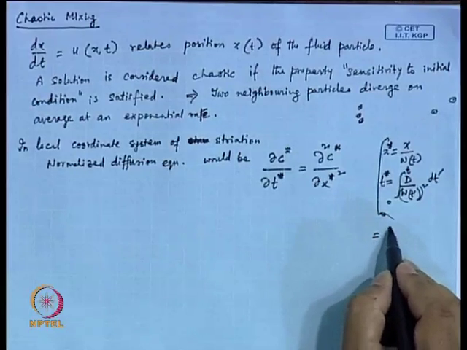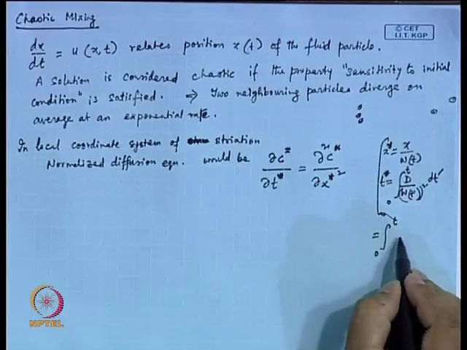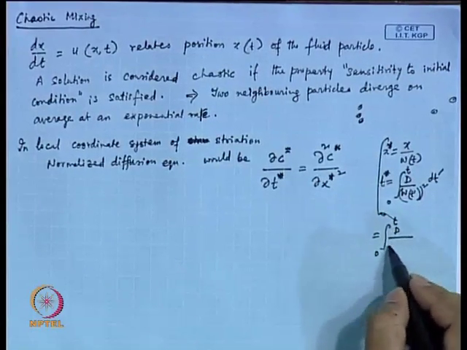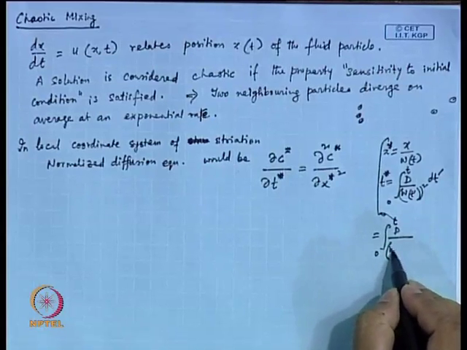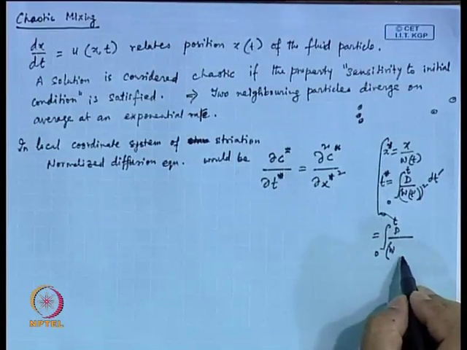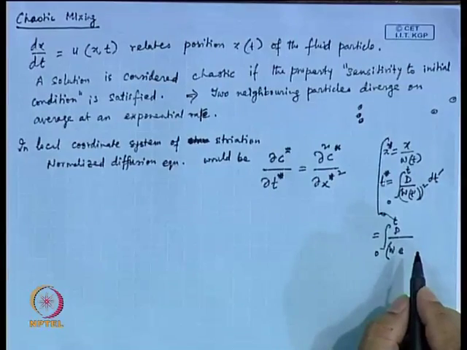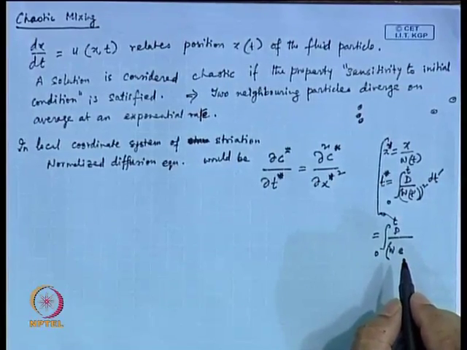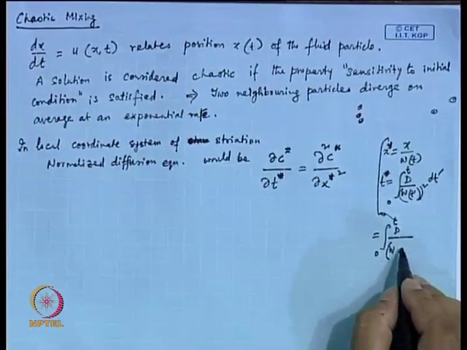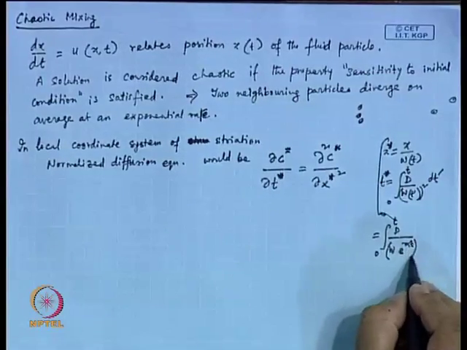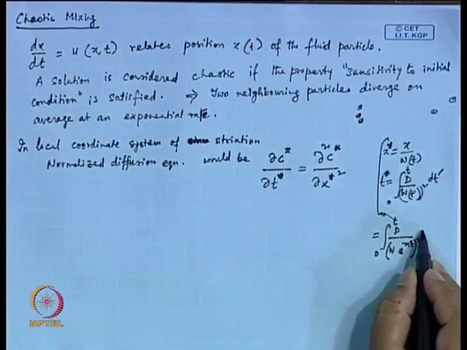So, you will be writing it as integration 0 to t of D divided by W e to the power minus alpha t prime whole square dt prime.